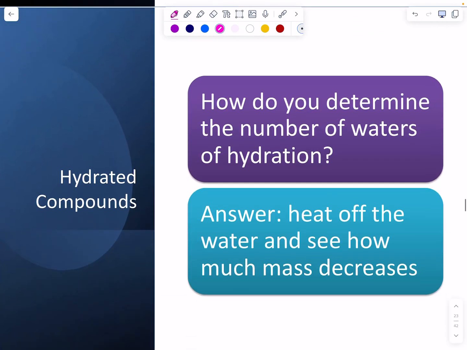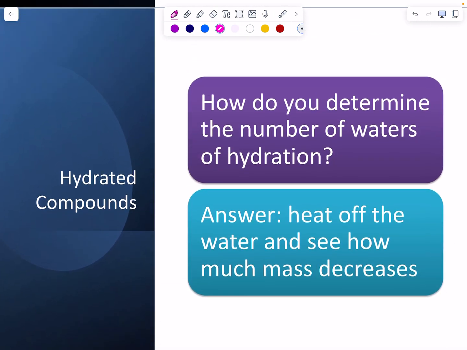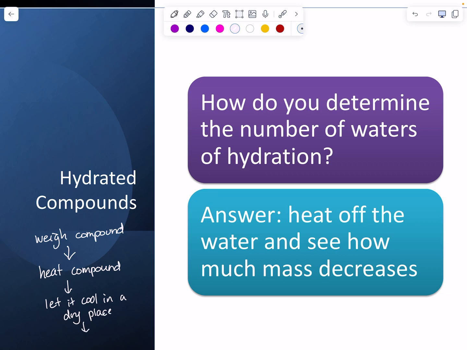So what do we do? We take our compound, and when we want to figure out how many waters of hydration there are, we heat it and see how much mass gets lost. So the experiment is you weigh the compound, you heat the compound, you let it cool in a dry place, and then you reweigh it.